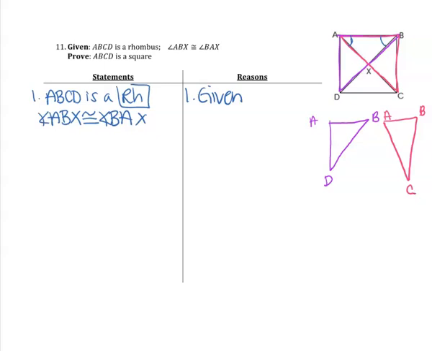So they gave me that in this purple triangle, this little angle B is congruent to this little angle A. Now, the thing about a rhombus is that all sides are congruent. So in my picture here, I'm actually going to just do that. All of those are congruent. So additionally, I can put those in these pulled out diagrams as well.